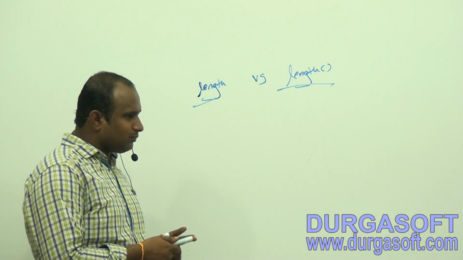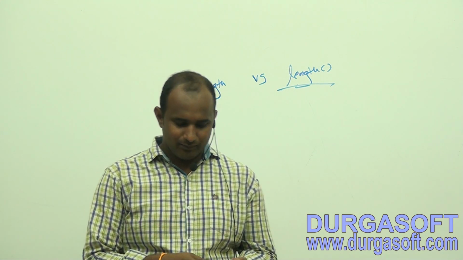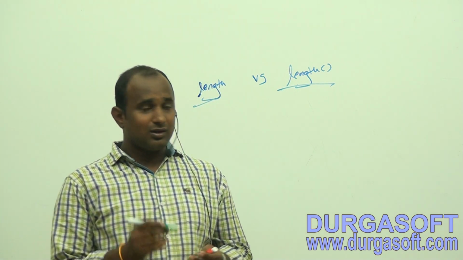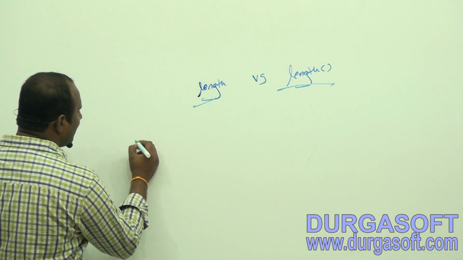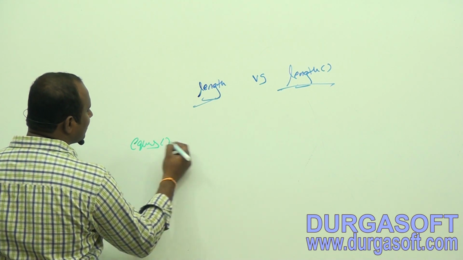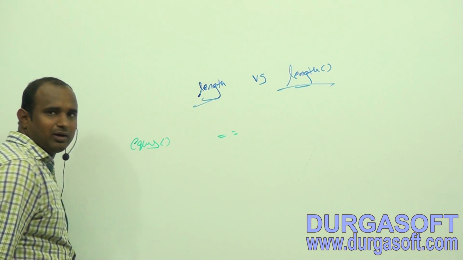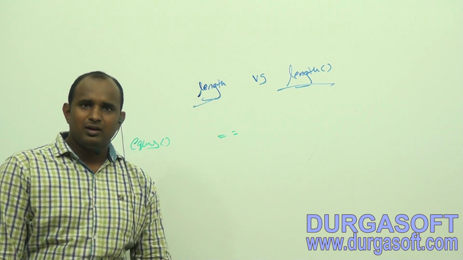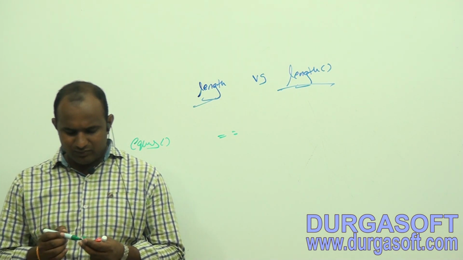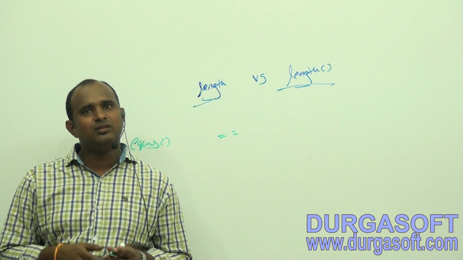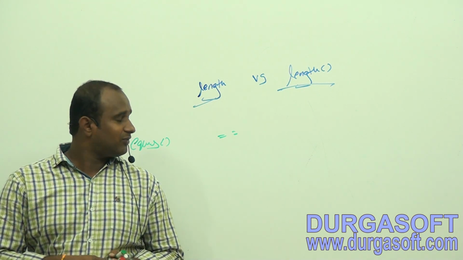The smaller problem with the students. The last example I covered was equals versus the next one, the double equal to operator, right? In interviews at TCS, IBM, when I take interviews of students, the number of times I face this problem.